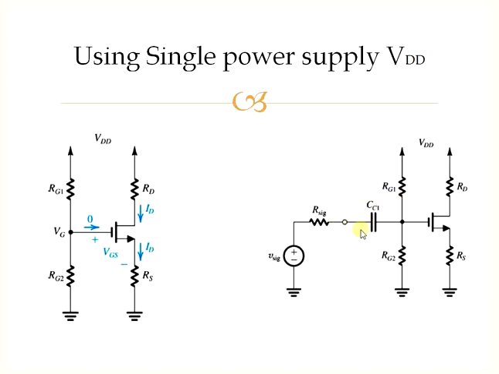The value of CC1 should be selected large so that it approximates a short circuit at all signal frequencies. Also, the resistance RD should be large enough to obtain higher gain but small enough to allow the desired signal swing, keeping the MOSFET in saturation at all times.